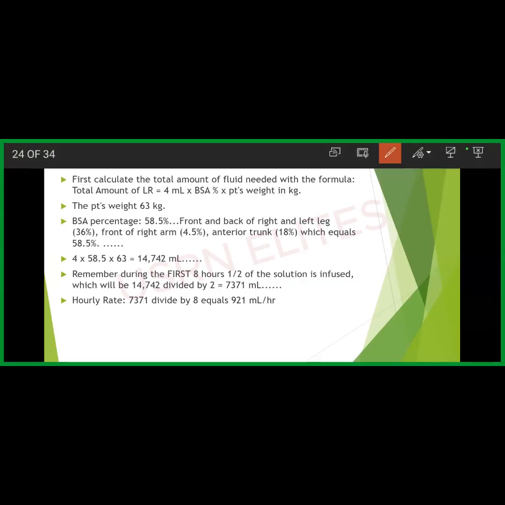According to the rule in resuscitation of burn patients, when you use the Parkland formula, whatever total amount of fluid you get, you give the first half within the first 8 hours. So how do we get the first half of this?